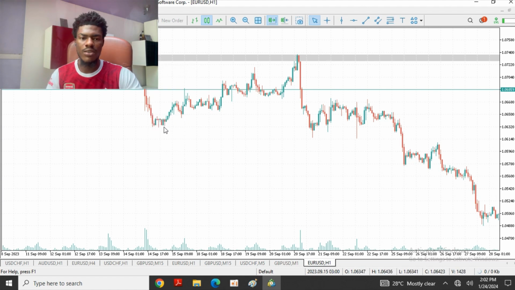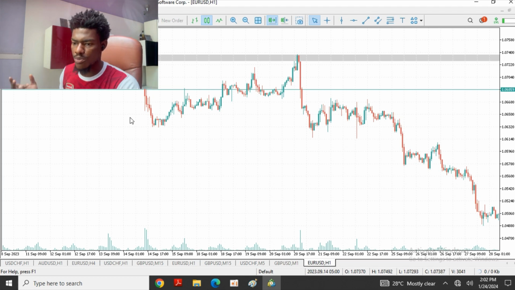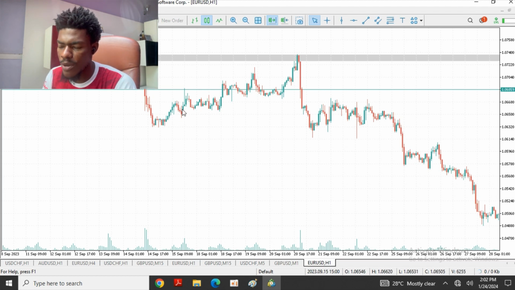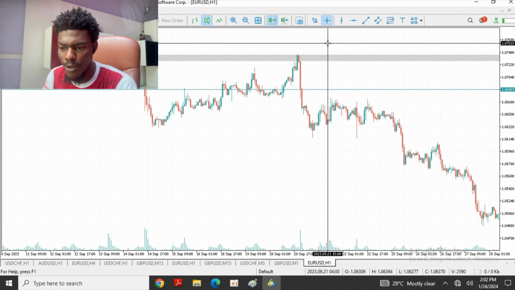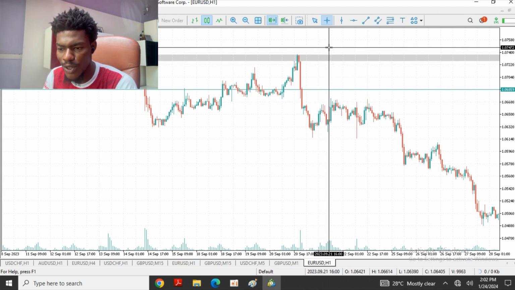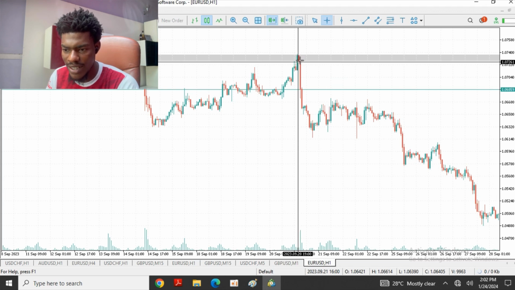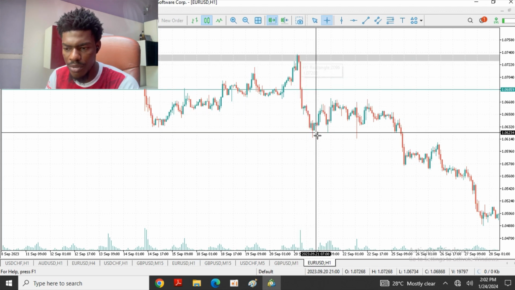Order block is just that rectangular tool, all right? So just bring it out. You put your order block and see what happened. Market just played, came back inside the order block, and you'd have put your sell here and put your stop loss above the order block, not here, above the order block in case of slippage, all right? Then you see the market, all these pips would have been yours.